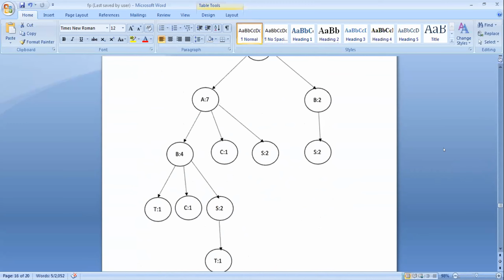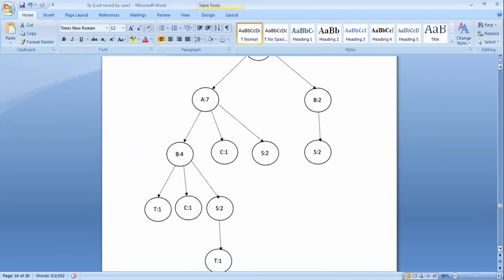So totally A appears in transactions 7 times, B we have to perform 6 times, and S we have to discuss 6 times.